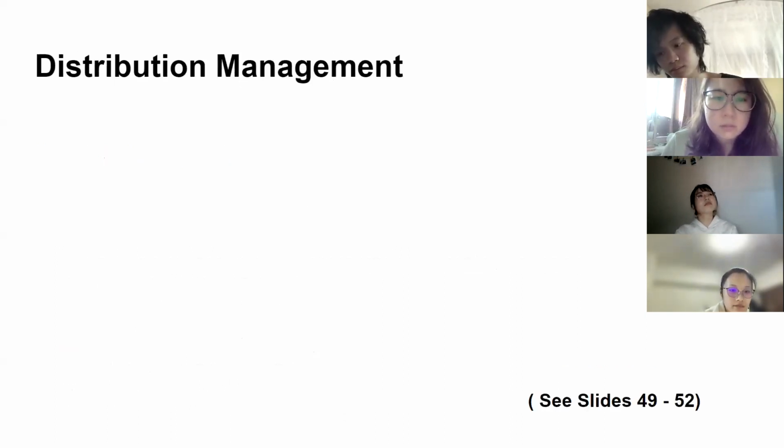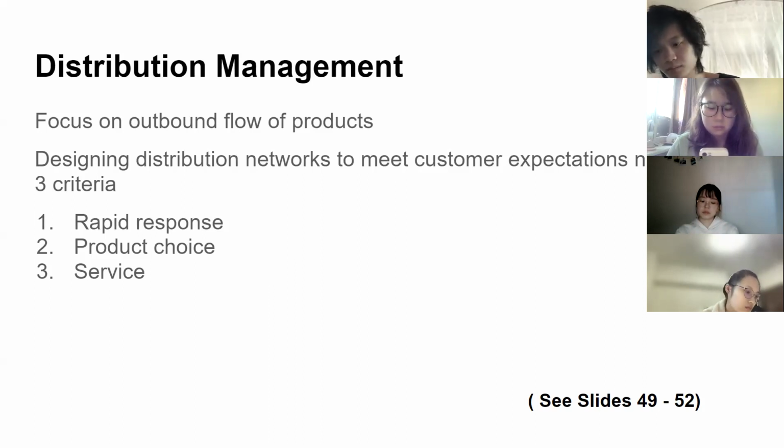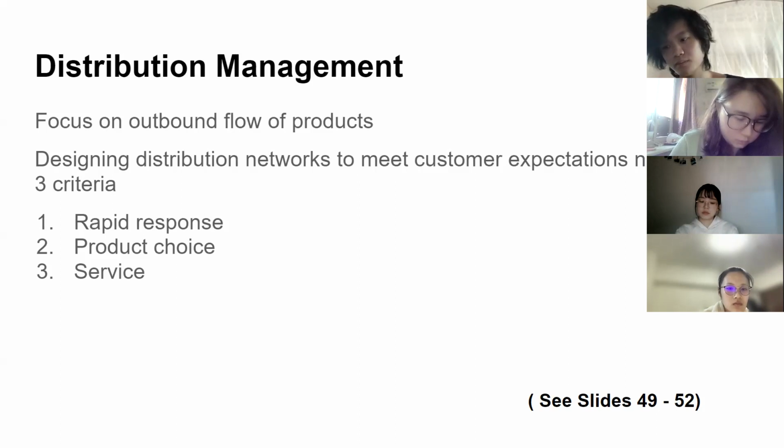Right, distribution management. I'm probably just going to pass this through. Distribution management focuses on the outbound flow of product. That means you are now distributing to retailers, or even consumer products. So you need to design a distribution network to meet customer expectations: rapid response, product choice, and service.